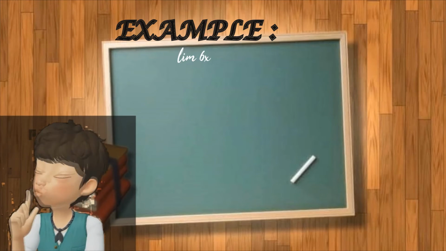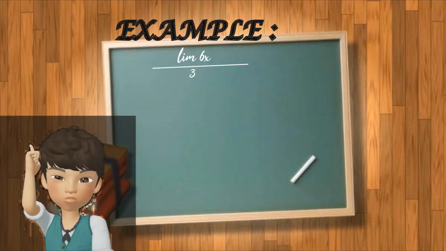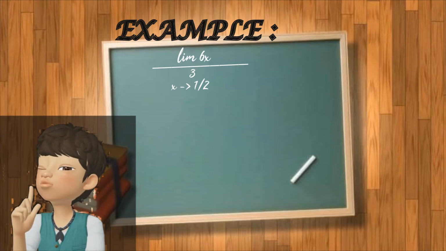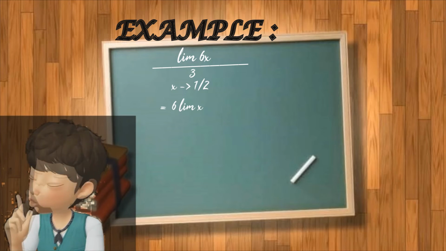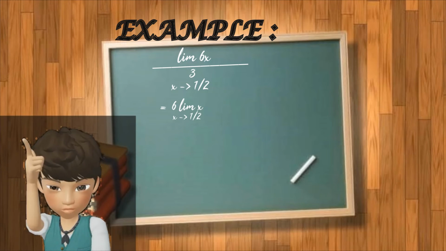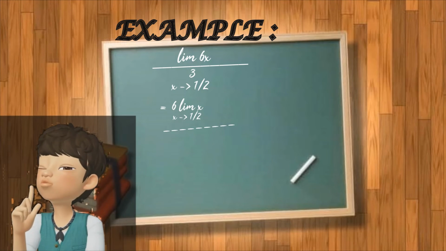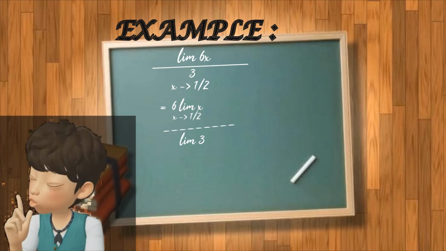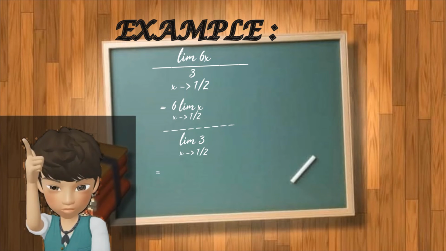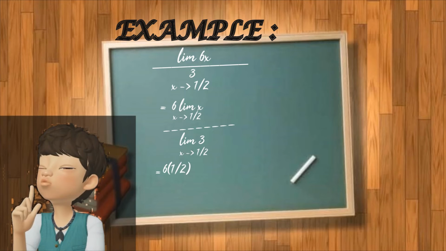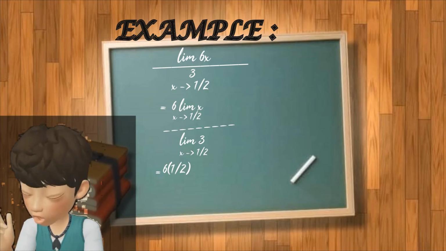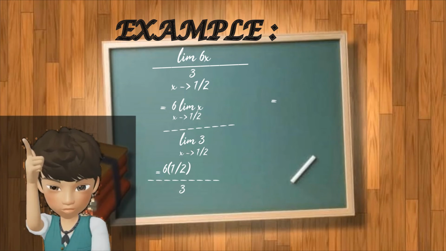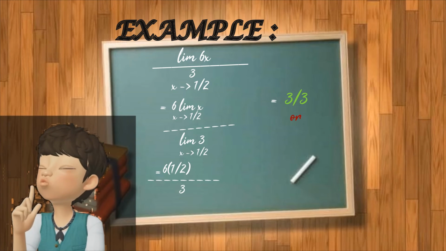Number 2. Limit of 6x over 3 as x approaches 1/2 is equal to 6 times the limit of x as x approaches 1/2 over the limit of 3 as x approaches 1/2, which is equal to 6 times 1/2 over 3, which is equal to 3 over 3 or 1.